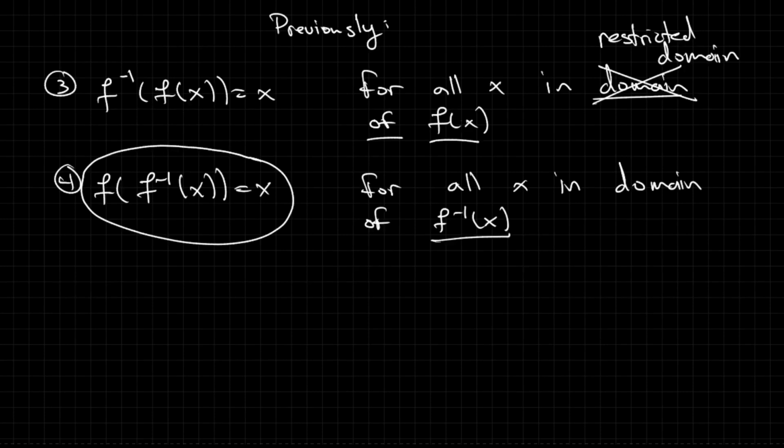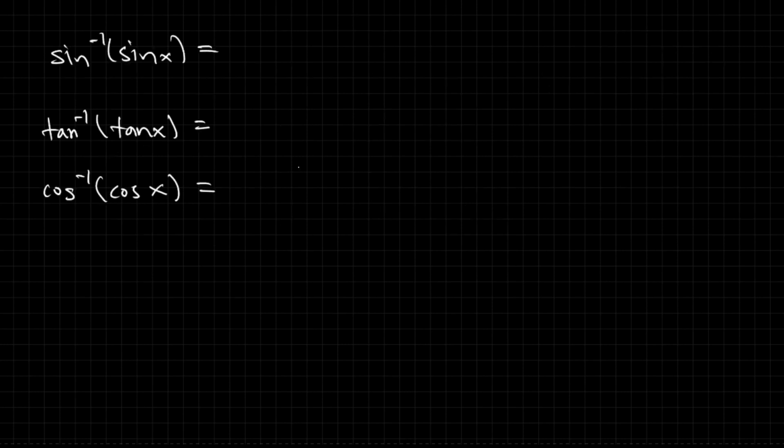Now let's go back and examine the types of problems that look like what I have in fact 3. So remember, f inverse of f of x will be x for all x in the restricted domain of f of x. Again, this is a fact about all inverse functions, but let's see what it means in terms of our inverse trigonometric functions.